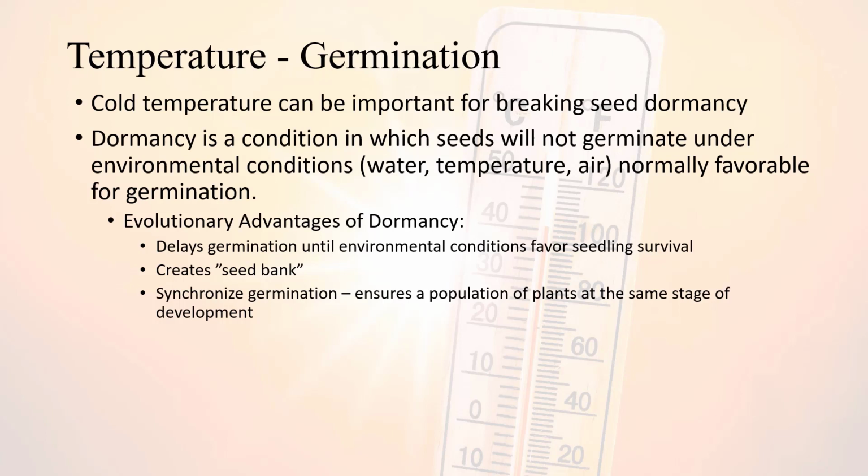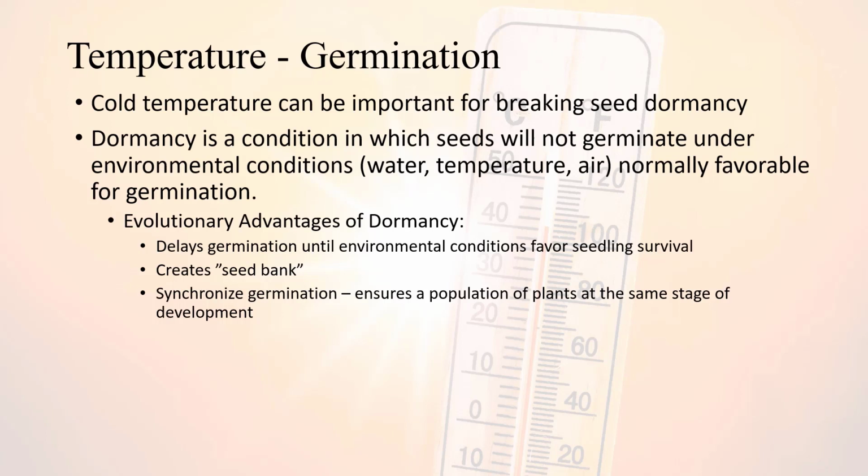Well, dormancy creates the condition that even if we have those things, your seed is still not going to germinate. There are some evolutionary advantages to why dormancy evolved, and we've talked a little bit about them before. But what I want to reiterate in this lecture is that cold temperatures can be a way to alleviate that dormancy condition.